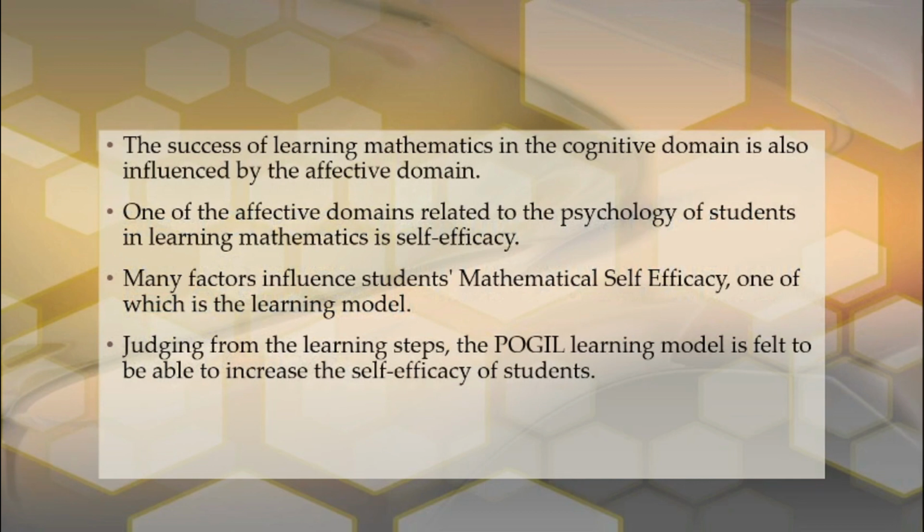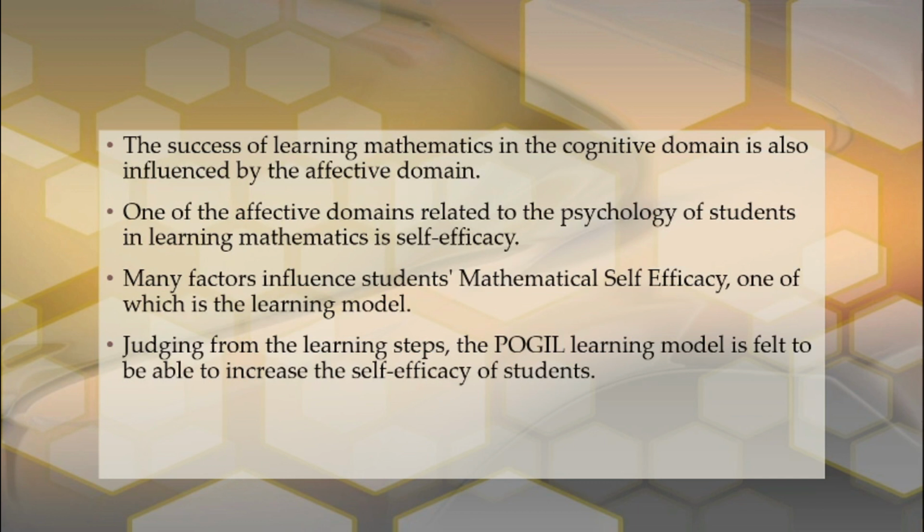The success of learning mathematics in the cognitive domain is also influenced by the affective domain. The affective domain related to the psychology of students in learning mathematics is self-efficacy.